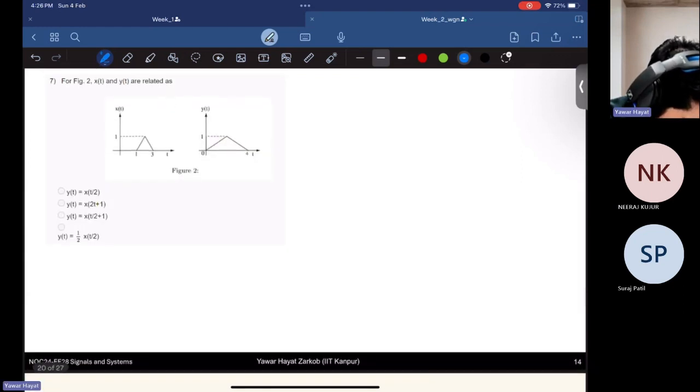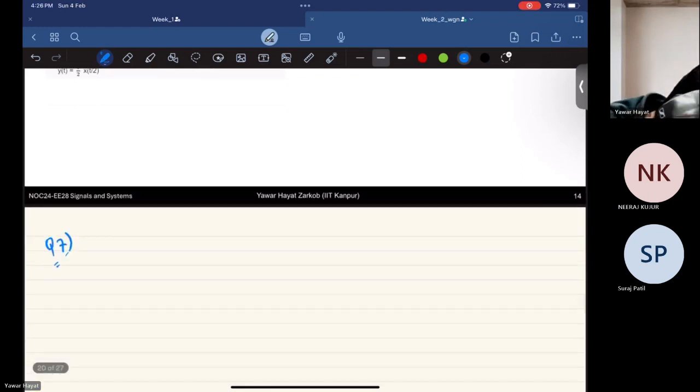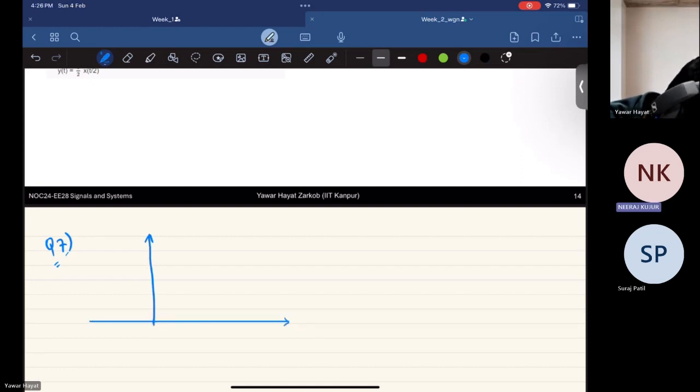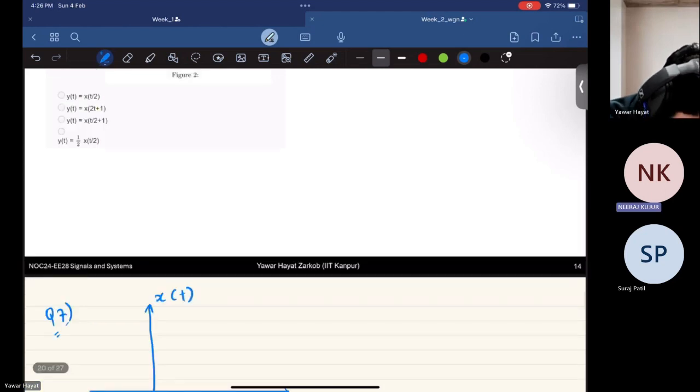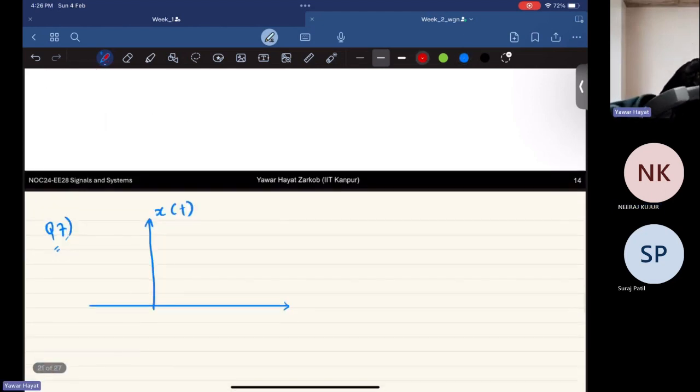Question number 7. So this is the original signal x of t.